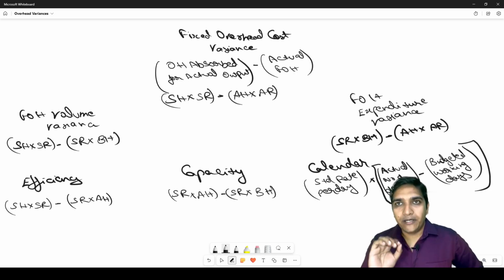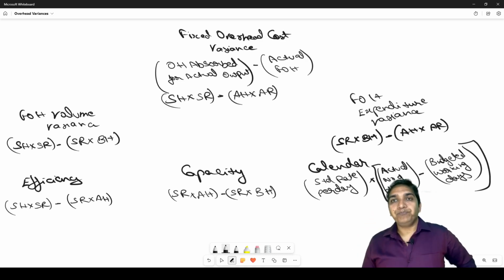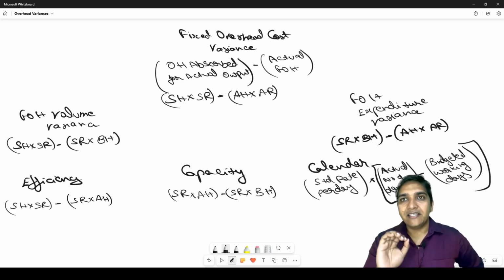To produce 10,000 units my standard hours would have been 20,000. However, I took only 19,000 hours to produce those 10,000 units. So the variance occurring because of this is efficiency.